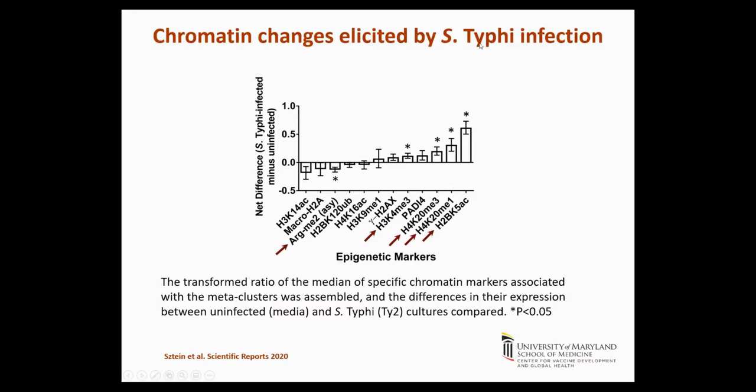Now, when we look at the chromatin changes elicited by Salmonella infection, we can see that in certain epigenetic marks, we see increased expression. For example, in this case, acetylation of the lysine in the H2B histone, and so on.